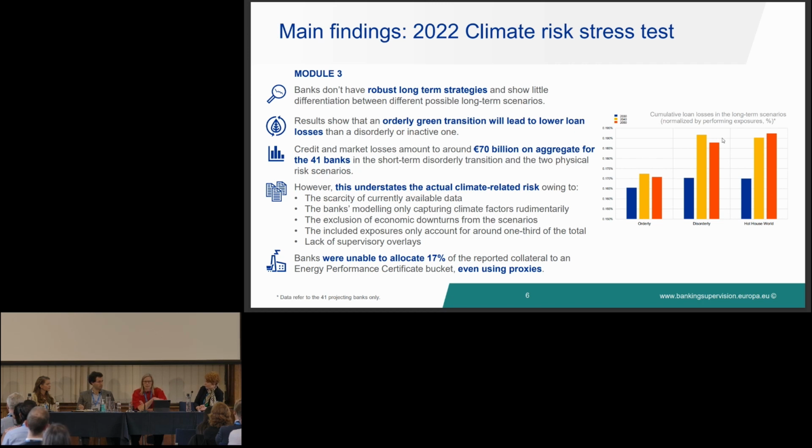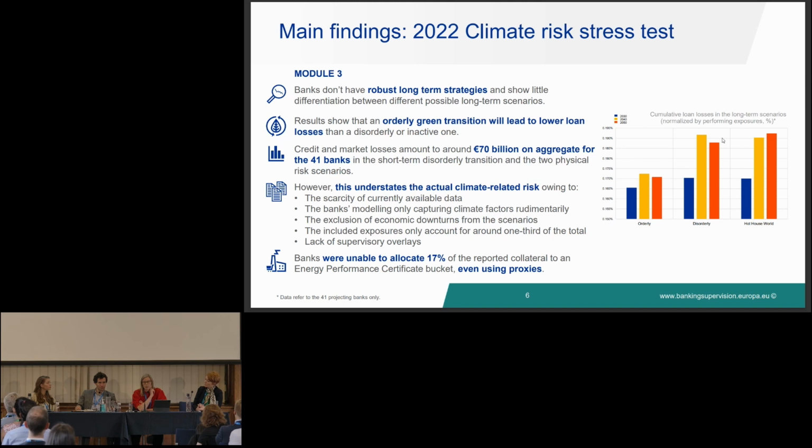But I do want to put a caveat on this number, because maybe 70 billion doesn't mean much to you, right? Maybe you can absorb it. But this is a learning exercise, climate stress test, right? So we're pretty sure that we're not covering everything yet, because there is a scarcity of currently available data, the banks' modeling only capturing climate factors rudimentarily, the economic downturns from scenarios were not included, and more importantly, the included exposures only account for 1/3 of the total exposures.